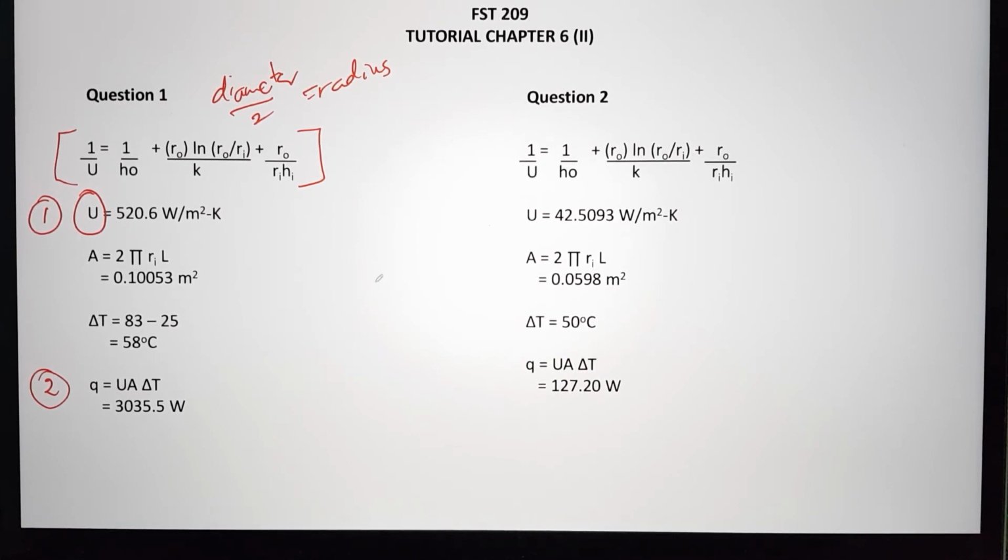Remember, I have shown you before, for example, this one is a tubing, and at the center of this cross section, this one is the diameter. However, half of the diameter is the radius. Right?